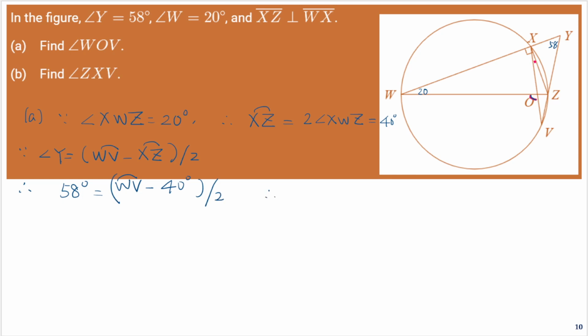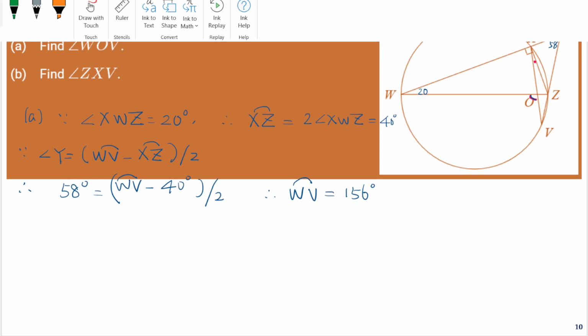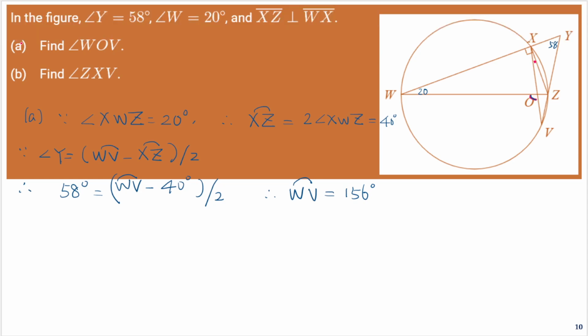So that gives arc WV as 156 degrees, right? Therefore, we have the two crucial measures of arc XZ and arc WV. So WV here is 156, XZ here is 40, right?